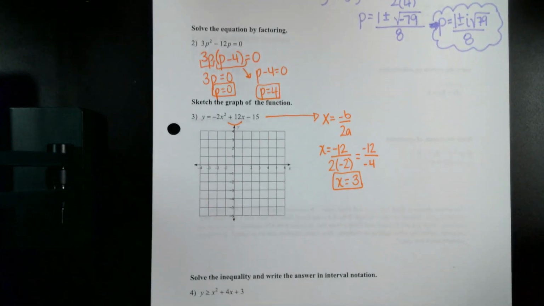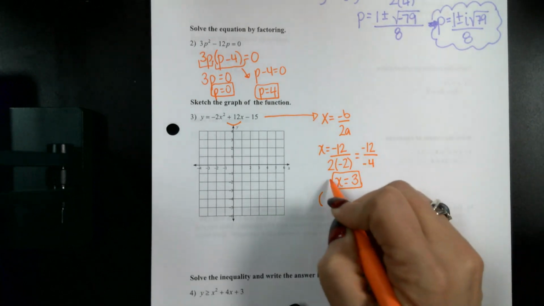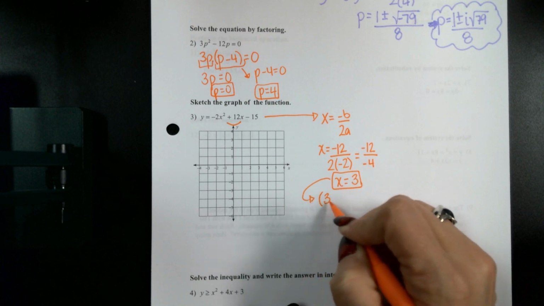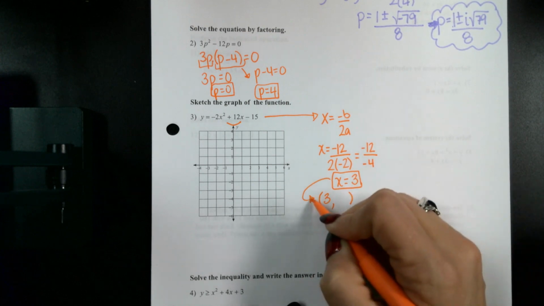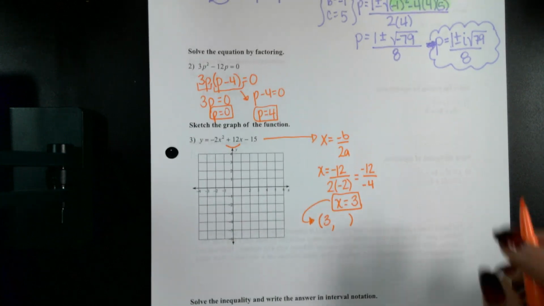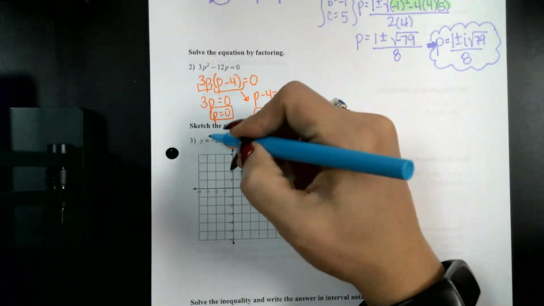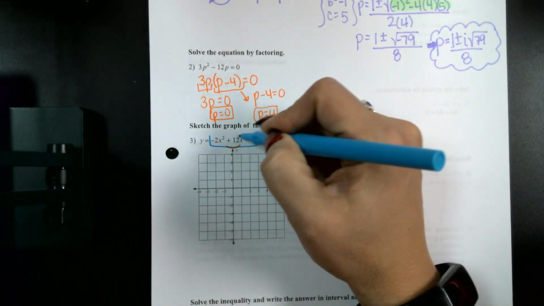Now remember, that's just the x, and we need a vertex, and our vertex will start with x. So we know that for our vertex, it's 3 comma something. Well, how do we find y? How do we always find y? See this function up here.